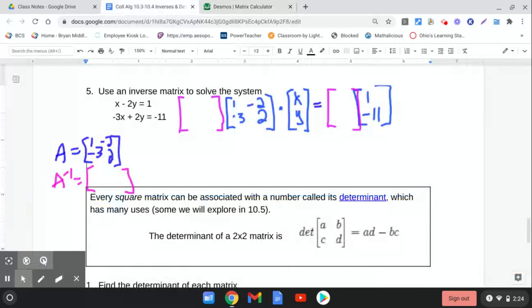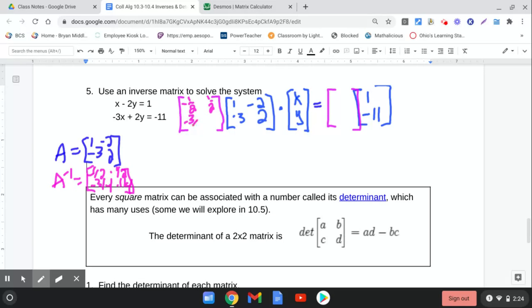So let's come back over to the notes. So that inverse matrix was negative 1/2, negative 1/2, negative 3/4, and negative 1/4. I'll write that better up here. So what I'm going to do is multiply up here by that matrix.